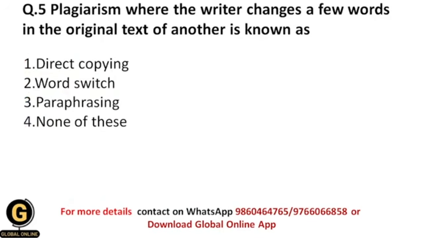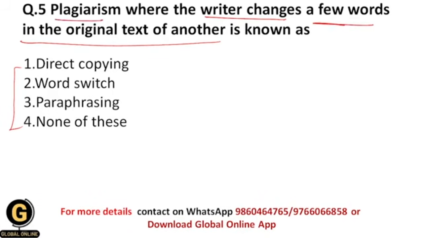Okay, now next is, plagiarism where the writer changes a few words in the original text of another is known as. So now here they have given different types of plagiarism, but here they have mentioned a definition of a specific type of plagiarism. In this kind of plagiarism, the writer changes only a few words in the original text of another.